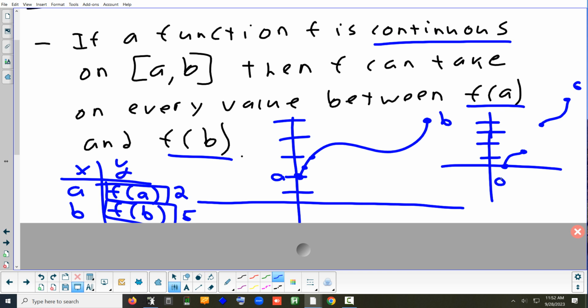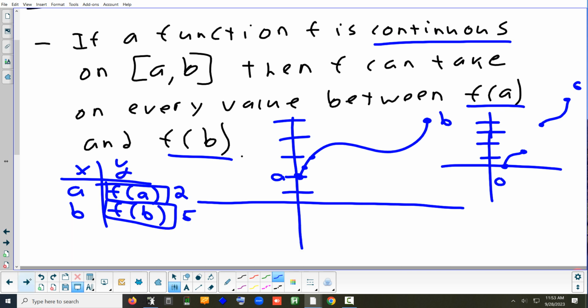Am I guaranteed to hit every Y value between 0 and 6 in that graph? No, because it's not continuous. That's the whole point. It has to be connected. I never hit 2. I never hit 3. I never hit 2.5. There's a gap that I miss. So the intermediate value theorem only works on a continuous function, and you're guaranteed to hit everything in the middle.